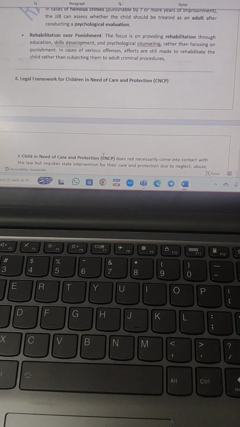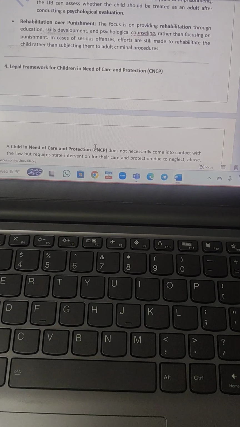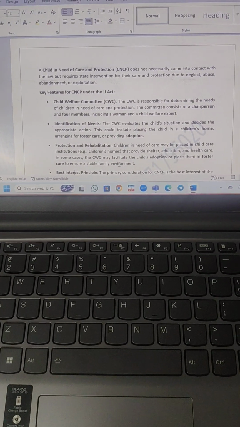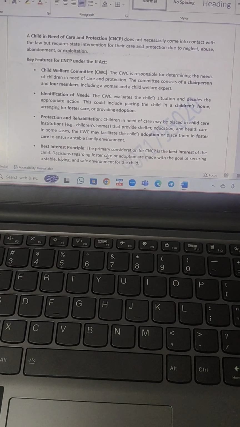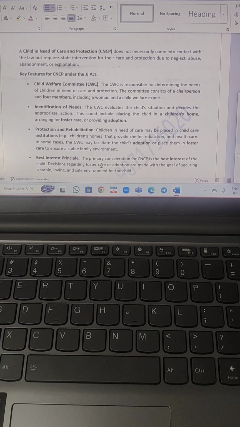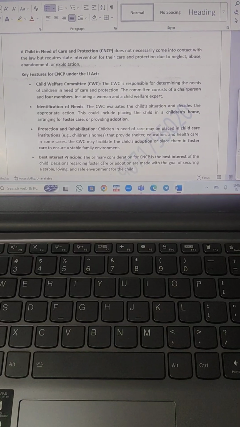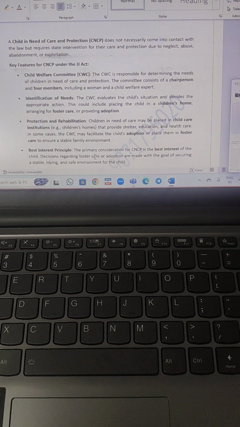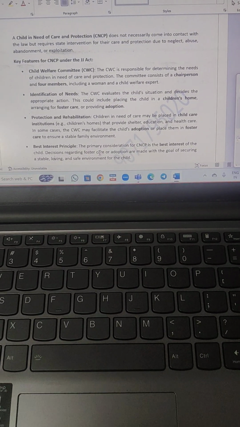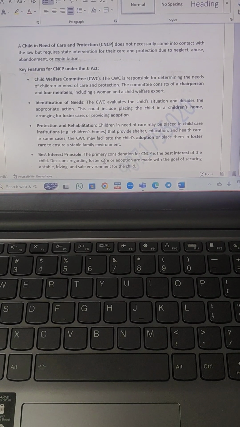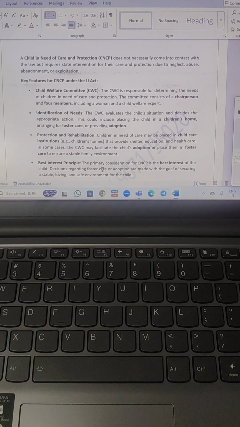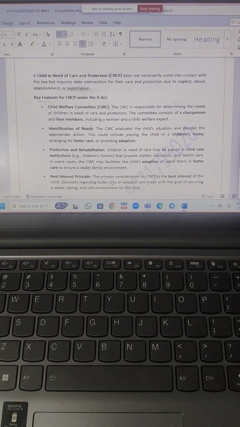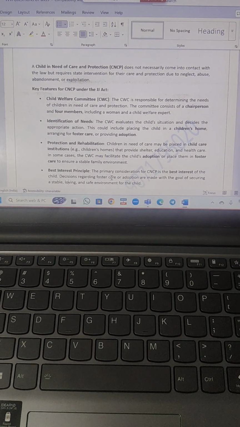Okay. Now, legal framework of child in need of care and protection. So a child in need of care and protection does not necessarily come into contact with the law, but requires state intervention for their care and protection due to their neglect, abuse, abandonment or exploitation.